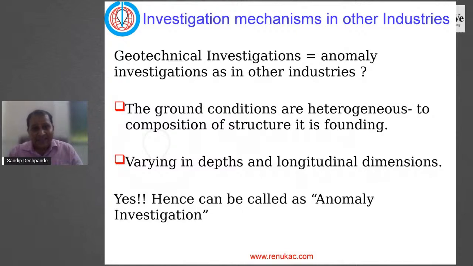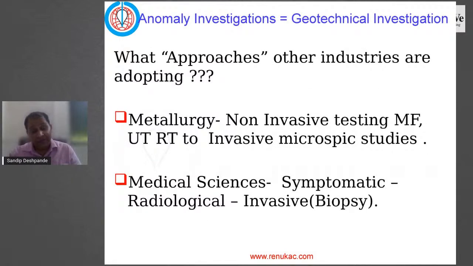Moreover, geotechnical investigations can be classified as anomaly investigations because the ground conditions are always heterogeneous, even though we sometimes qualify them as homogeneous, varying significantly with dimensions and depth. Anomaly investigations are taken in different approaches in different industries.